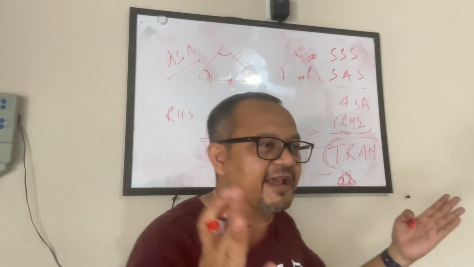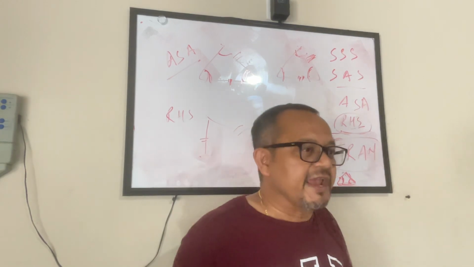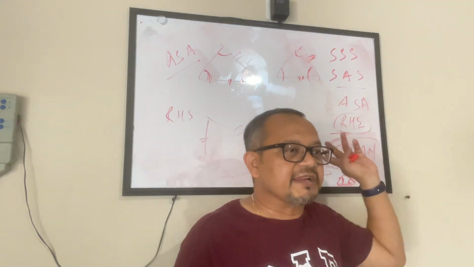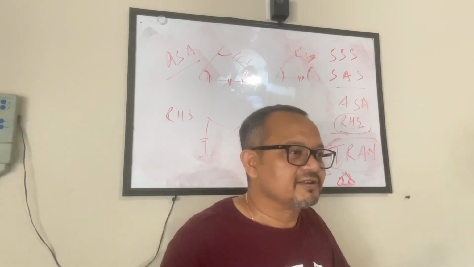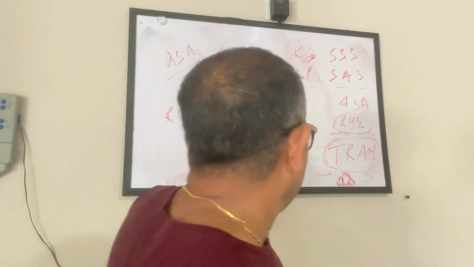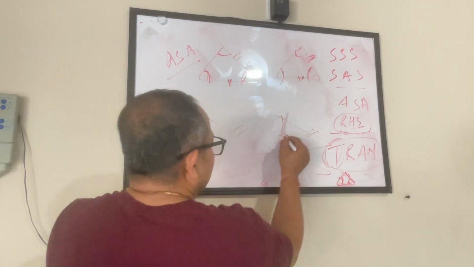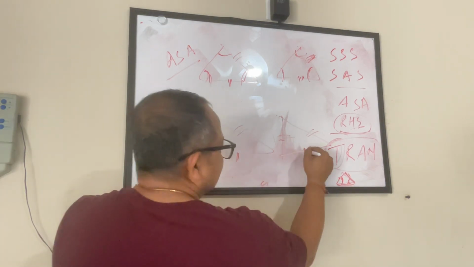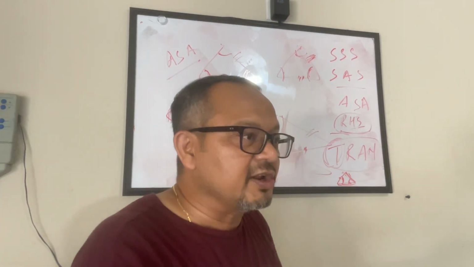I don't really care whether the hypotenuse matches or not. I am just saying any two sides in two right angle triangles match, they will be congruent. Any two sides. Because if any two sides match, if let's say this side and this side match, this side and this side match, the third side will anyways match, because that is what Pythagorean theorem says.